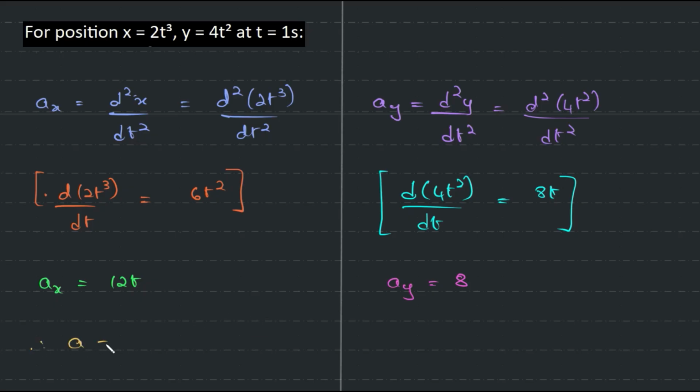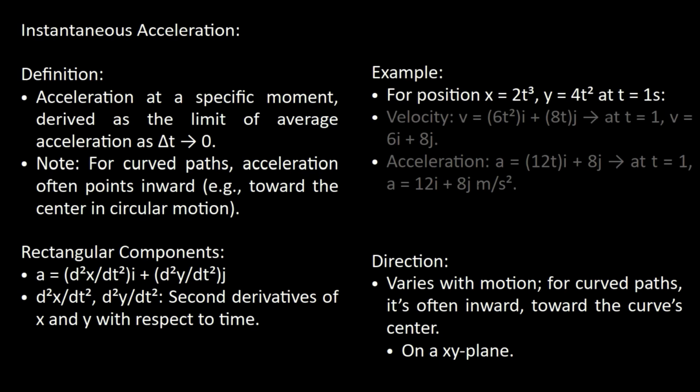Therefore, we have a, which is equal to 12t I cap plus 8 j cap, and at t is equal to 1, a will be 12 I cap plus 8 j cap. So all this is well and good. The direction is where the confusion is. So I'll directly go over here. I think nothing else to discuss from this. Did I get the same answer? 12 and 8. Yeah.